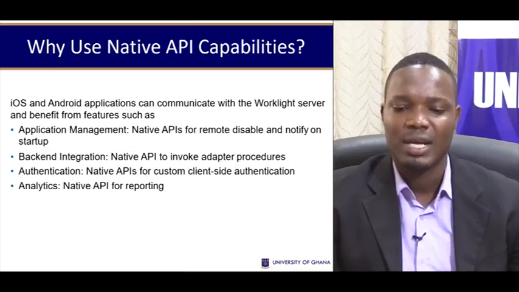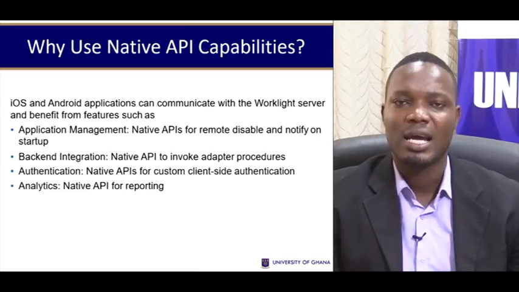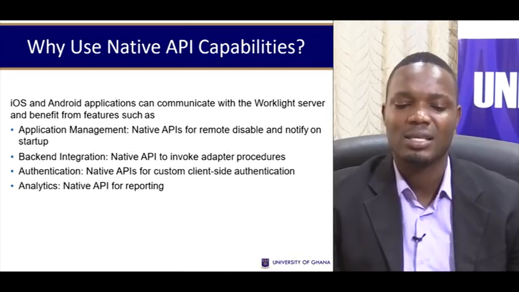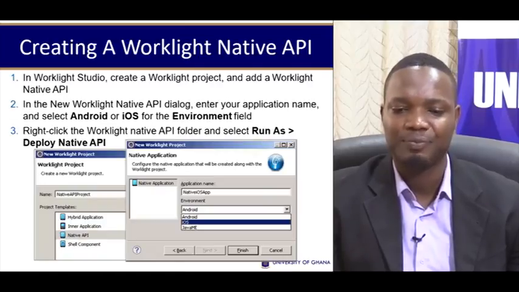We can also do back-end integrations, where native APIs can be used to invoke adapter procedures. We can also perform custom client-side authentication using the native Worklight APIs. And finally, we can have analytics for reporting, all provided by this API.